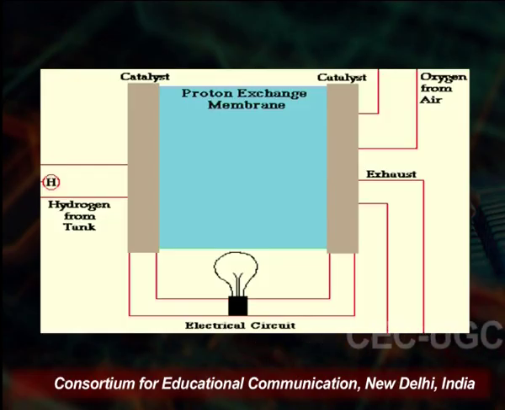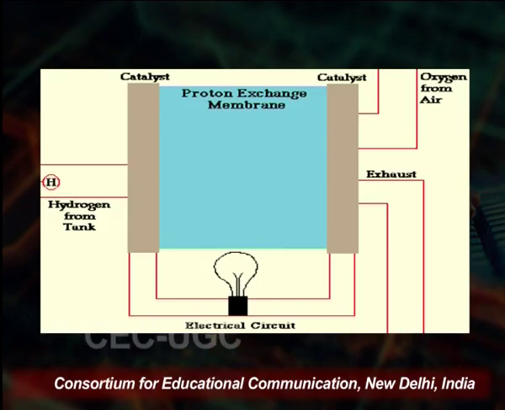Now, you see in this diagram that there is hydrogen from the tank, it is delivered to the system. Electrical circuit, you can see here the full circuit, you see the bulb here.